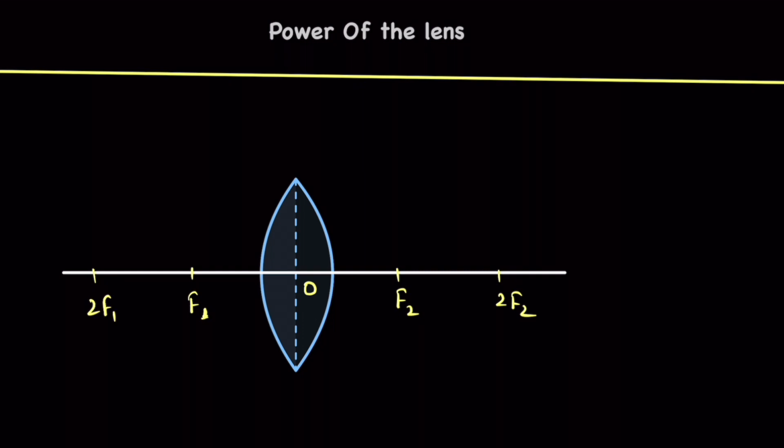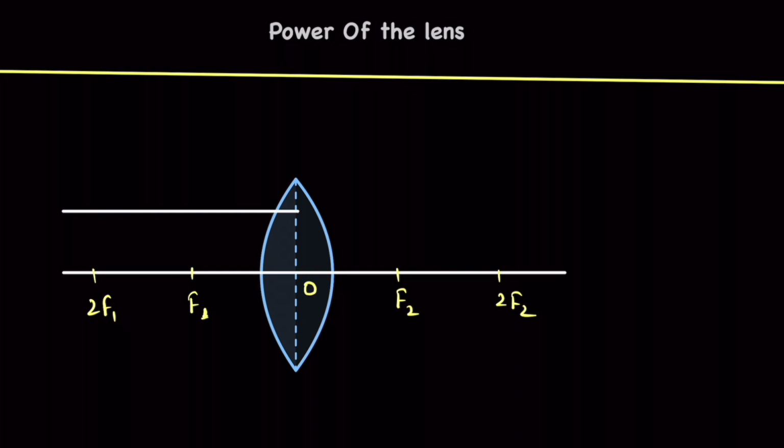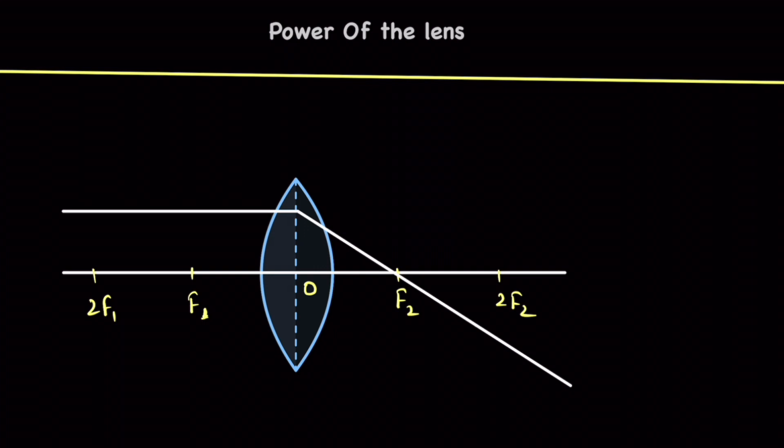If we take an incident ray which is parallel to the principal axis, what will happen? It will converge. Suppose now this f2 moves more towards the optical center, and this is our new f2.